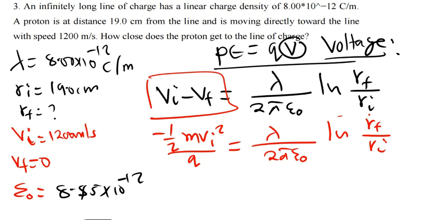We know it already. The charge of the proton is 1.60 times 10 to the power negative 19. Then the mass of the proton is 1.67 times 10 to the power negative 27 kg.